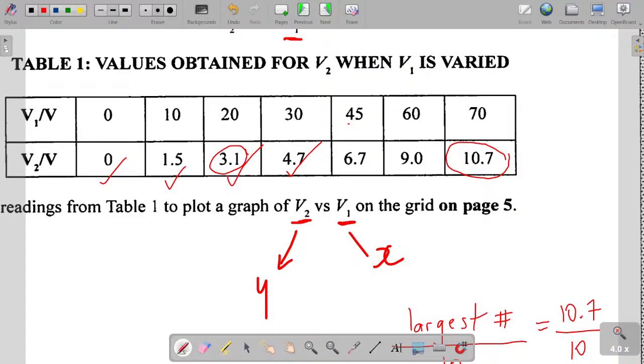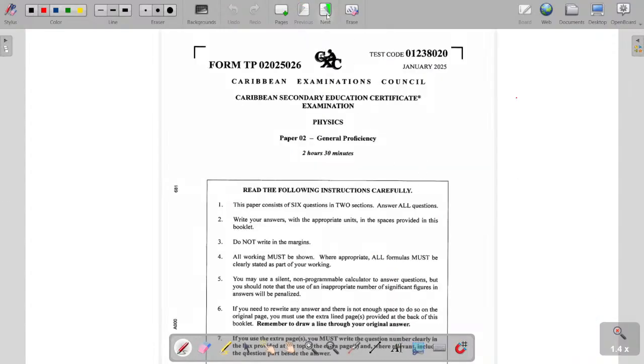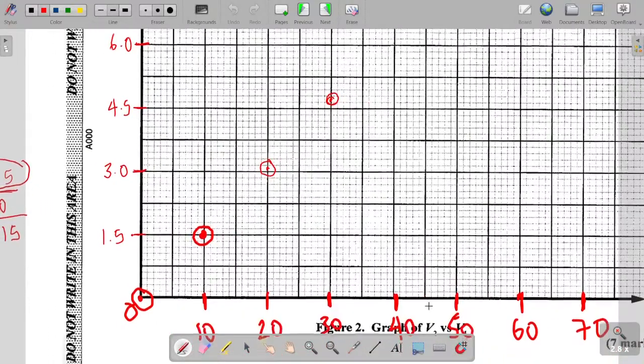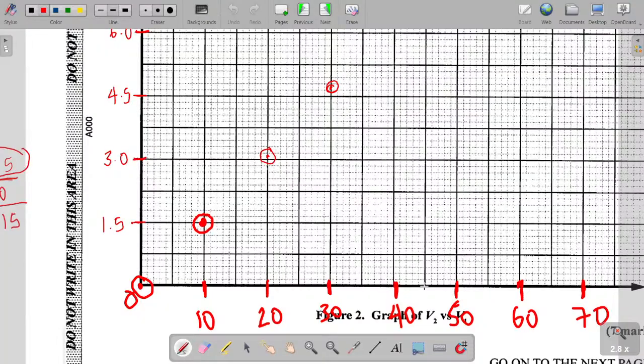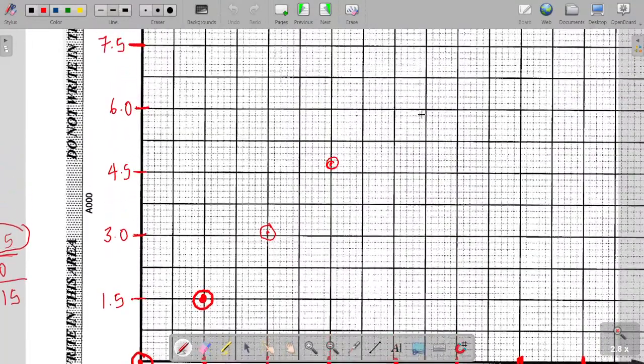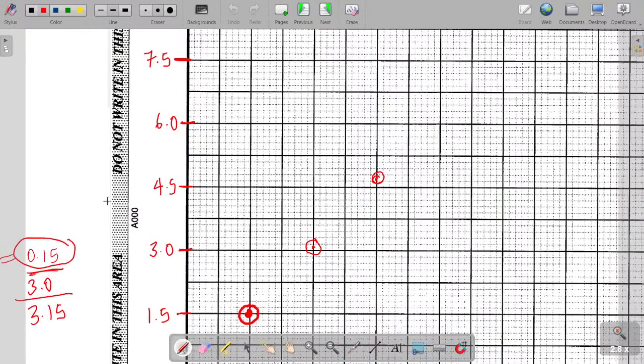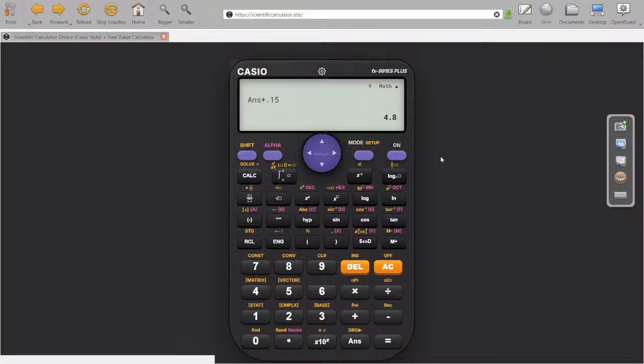Next we're going to find 45 and 6.7. So 45 would be halfway between 40 and 50, and we go up to 6.7. We're going to do the same thing, adding 0.15 to 6 until we get to 6.7. So all you need to do is clear this.